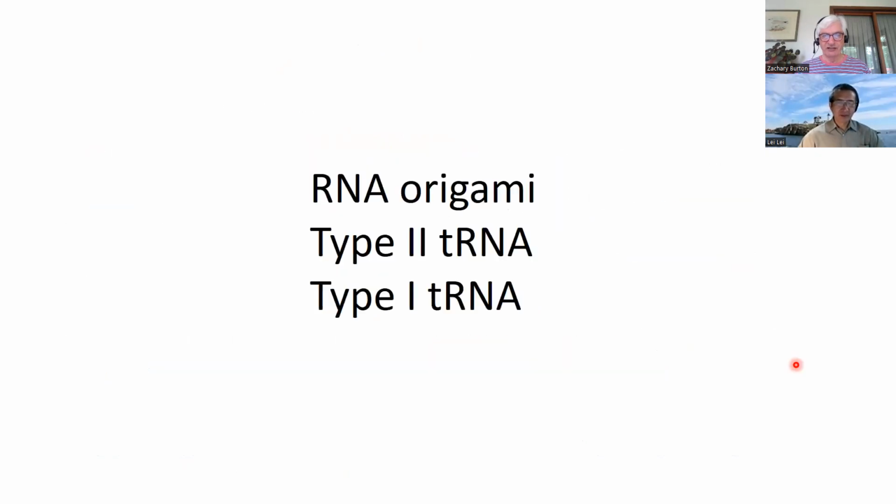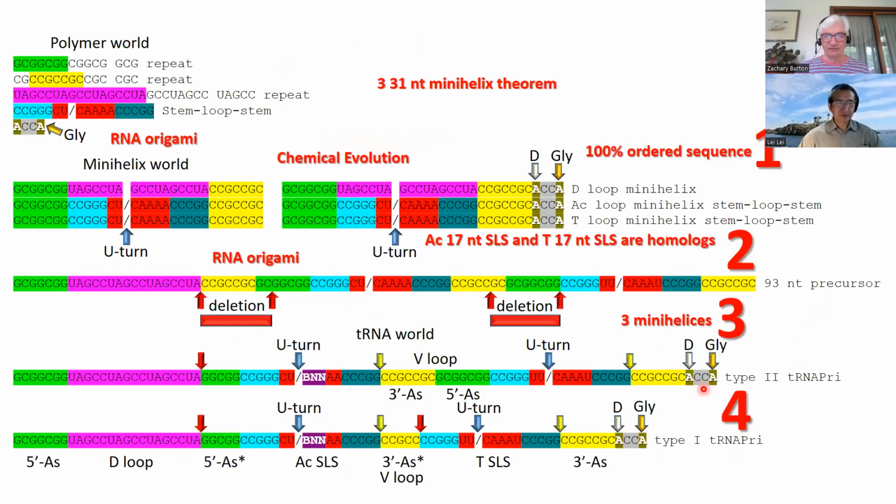So let's back up a little bit. Looking at tRNA sequences, you can infer that tRNA came from this precursor, and this precursor came from ligating that to that to that, and this are identical.